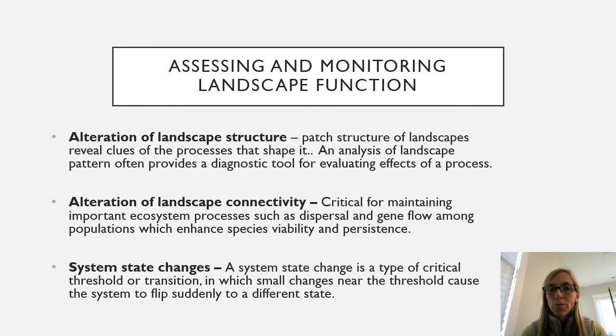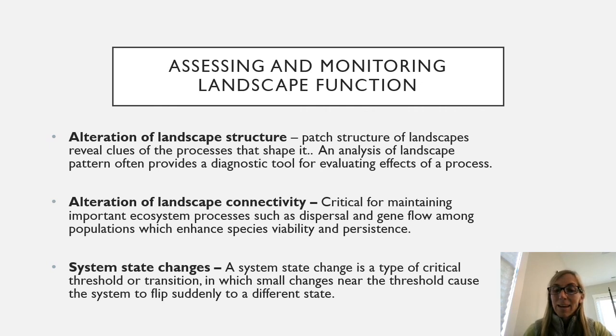So alteration of landscape structure, when we look at the patch structure of landscapes, can reveal clues about the processes that were required to shape it. An analysis of landscape pattern often helps to provide somewhat of a diagnostic tool for evaluating the effects of the process and whether or not the processes are still intact that help to shape that landscape.